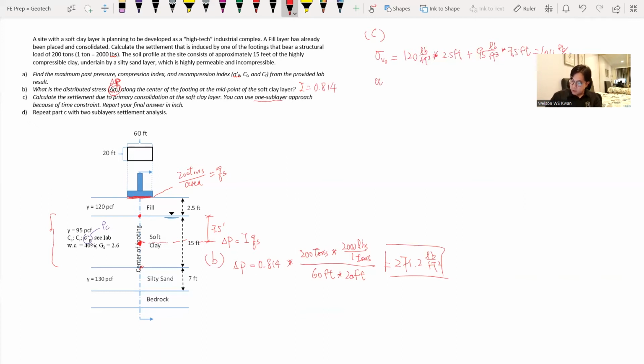And the pore water pressure equals the unit weight of water times the water depth, which is 7.5 feet again. So we got the pore water pressure, 468.